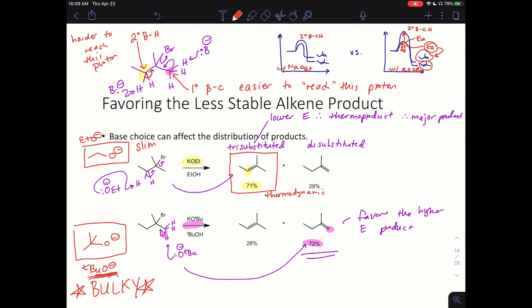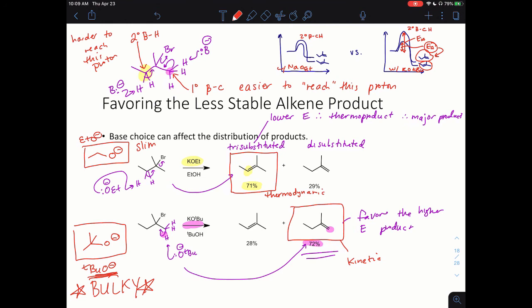Okay, bottom line, if you didn't understand any of that with the transition states and kinetic versus thermodynamic, you need to know that with a bulky base, you can favor formation of the less stable product, and that's that, okay?